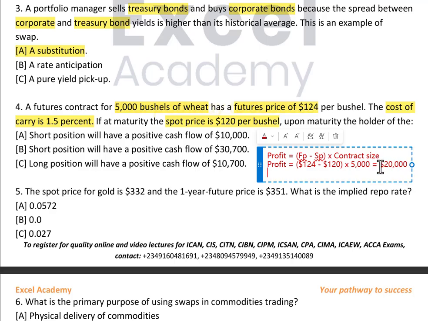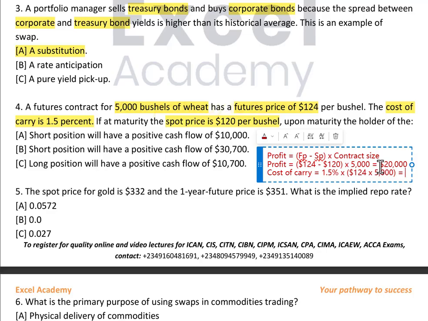So now the cost of carry, they said, is 1.5%. The cost of carry is 1.5% on the future price, more or less like the amount you sell it. So that's 124 times the 5,000 bushels.